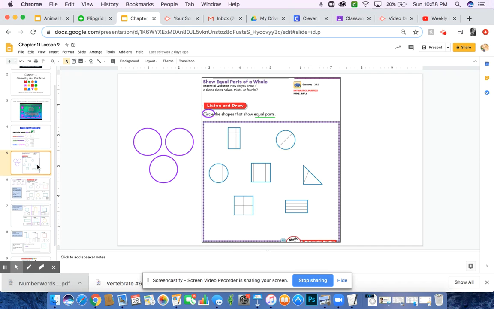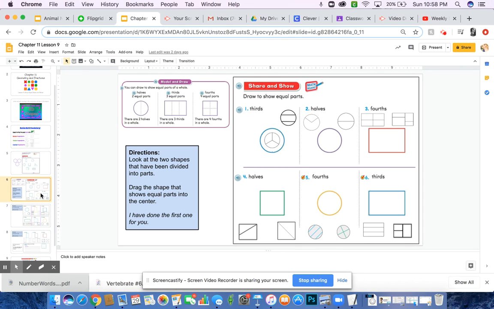So to start the lesson off, you're going to be circling the shapes below that show equal parts. So you're just going to be dragging these circles over to the ones that are equal. All right, for this one, I did have to modify it because if we were in the classroom, you would be drawing this in yourself, but because we don't have that option right now, you're going to be dragging in the shape that matches the equal parts that you're supposed to show.